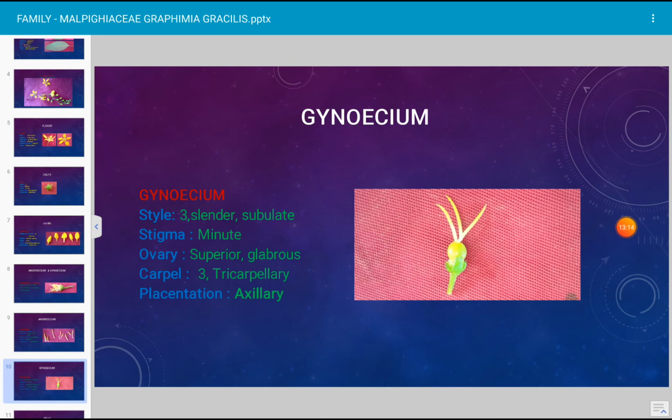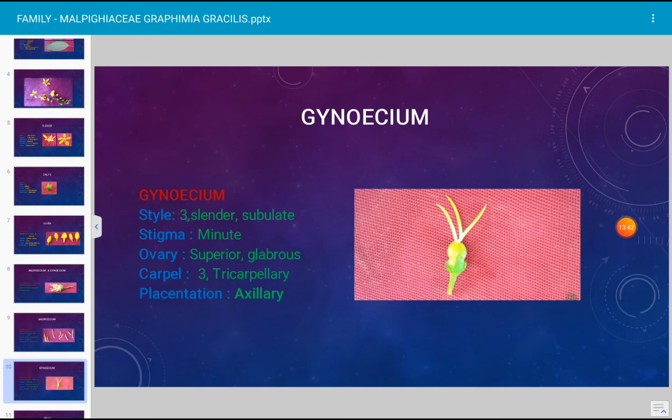Ovary is superior. And if you take the section of the ovary, there are 3 carpels. That means a 3 carpellary ovary, described as tricarpellary ovary. And placentation. What is placentation? Placentation is the attachment of the ovule to the ovary wall. Here axile placentation is there.